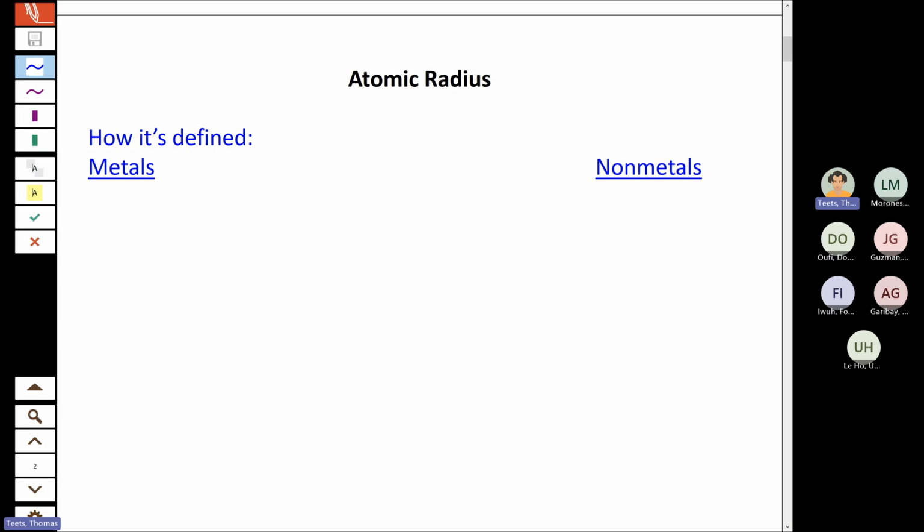So if you have a metal, for example, what we'll learn very later on in the course, in like chapter 9, way down the road, is that metal atoms arrange themselves into these regular 3-dimensional arrays. And so if we have the nucleus at the center of each of those atoms, indicated by the little dot there, we can measure the distance between the nuclei.